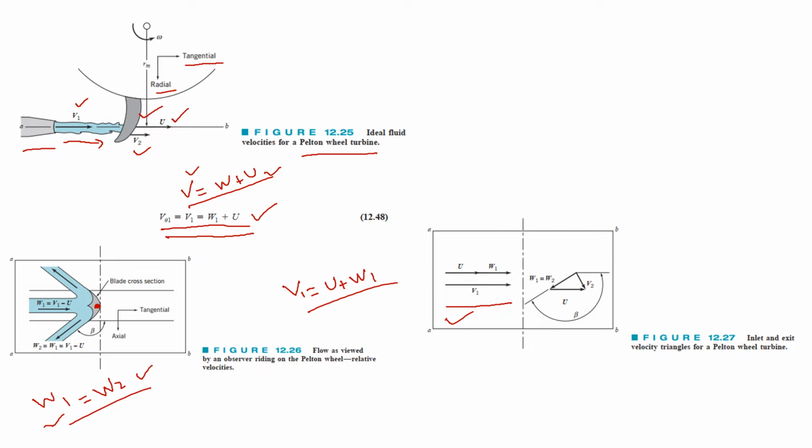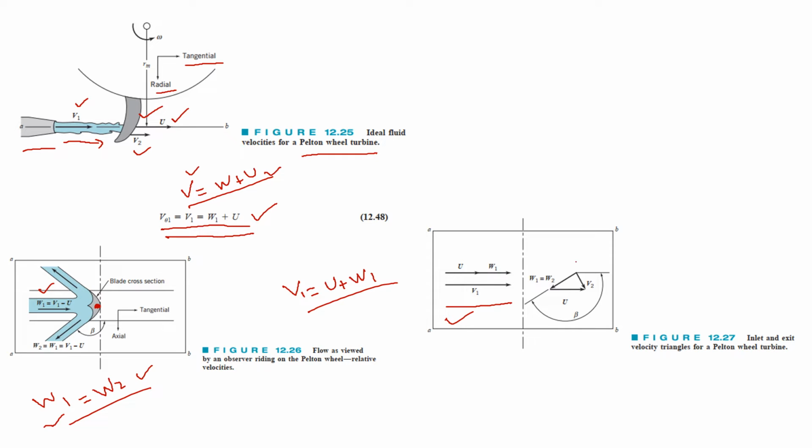But when this fluid strikes this rotor, its direction will change. The relative velocity will be tangent to the blade profile, so it will be drawn like this in this direction. The blade velocity will be in the same direction as it was at the inlet, and then we will have the absolute velocity, and as you can see at the outlet, the absolute velocity will have both a tangential and radial component.